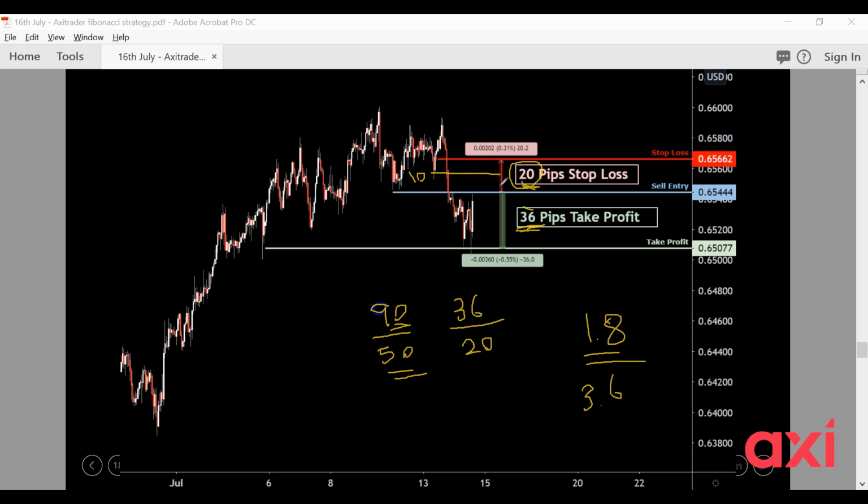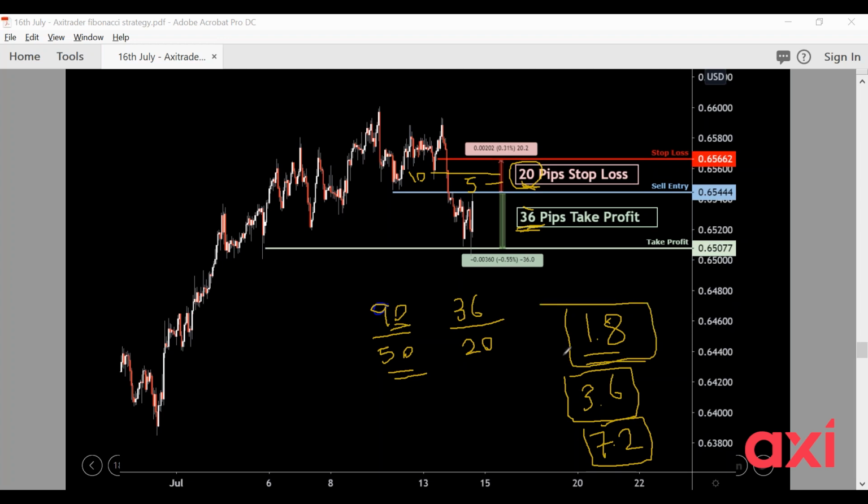And if I'm super accurate and my stop loss is only 5 pips, and this is where scalping comes in, suddenly my risk to reward is 7.2. These are really good numbers. Even 1.8 is a good number.